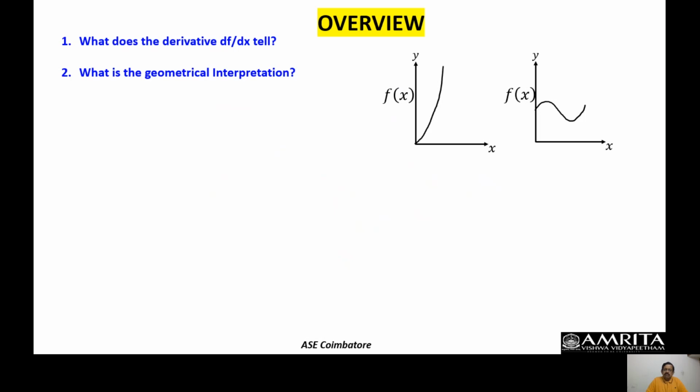Now, what is the geometrical interpretation for this derivative? The geometrical interpretation is the slope of this function. It is very simple. You have been learning it from high school, so this is very clear to you. Now, suppose the function varies with three variables instead of only one variable, then we invoke what is known as the partial derivatives.